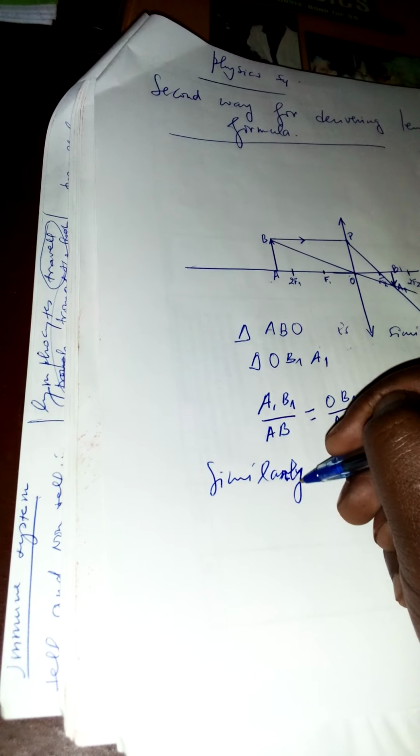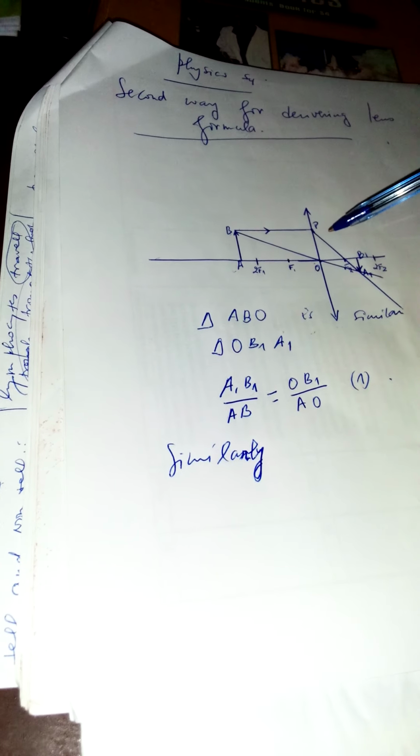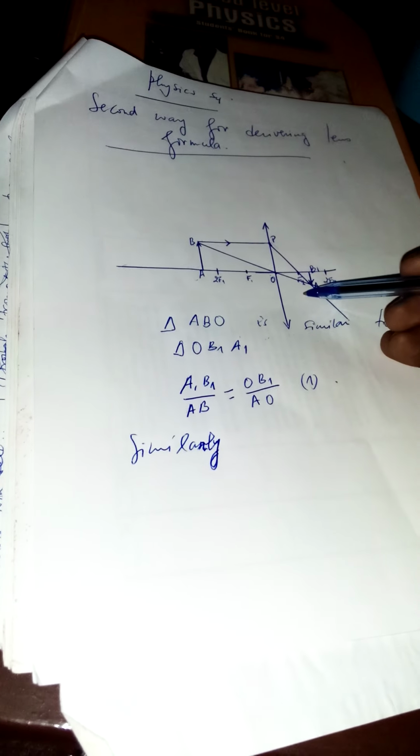So the second similar triangle. Similarly, also this triangle, look at this one. We have the triangle OPF2, which is similar also to the triangle F2B1A1.